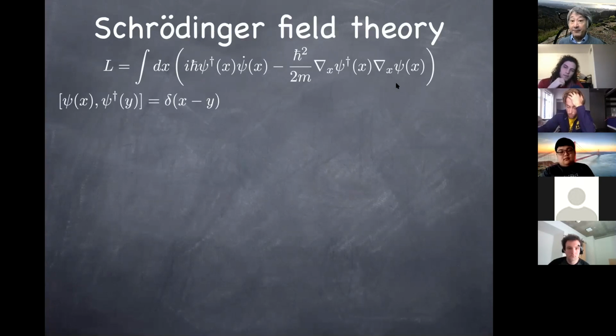This Lagrangian contains all the information you need to see that psi of x ends up being the annihilation operator, and psi dagger of x ends up being the creation operator. So we constructed it. So that's why you now know that psi of x is meant to be an annihilation operator. But if the first thing you were given is just this Lagrangian, you wouldn't know that, right?